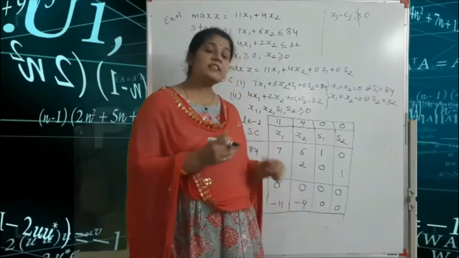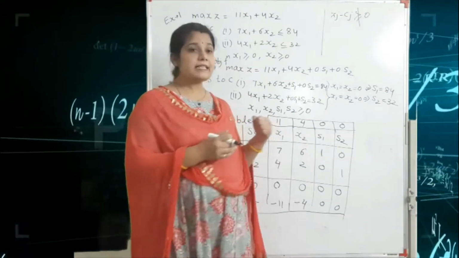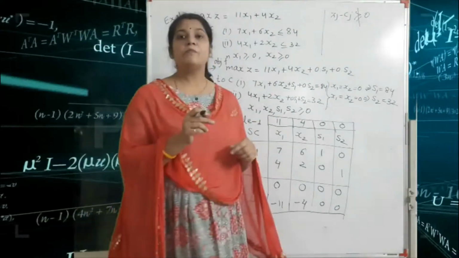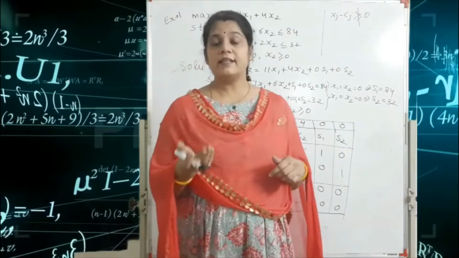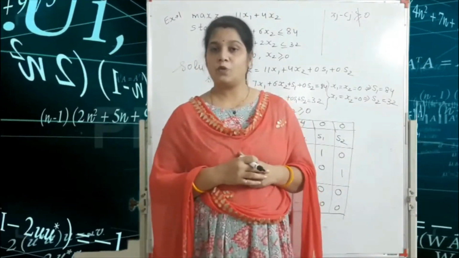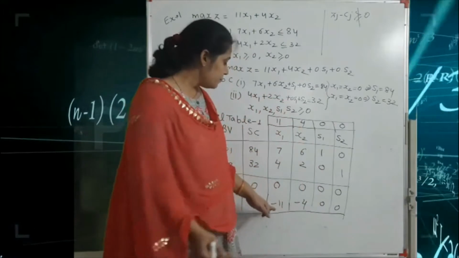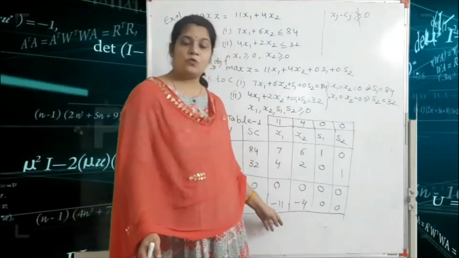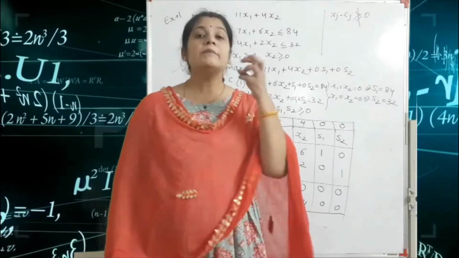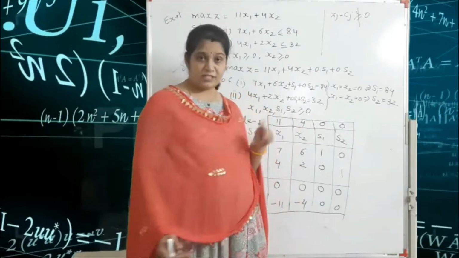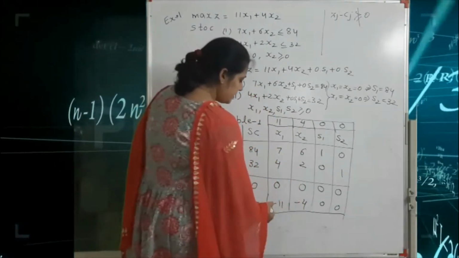Okay, so for the second iteration there is some change in the basic variable. That means one variable enters and one variable leaves. Here we check the largest value with a negative sign, or you can say the minimum value. First you choose between -11 and -4.